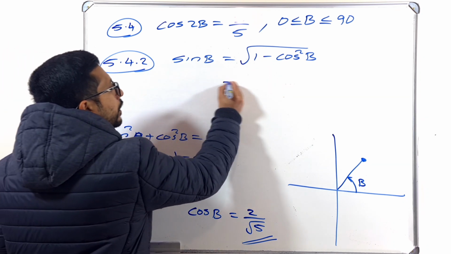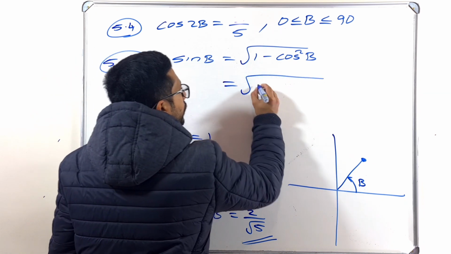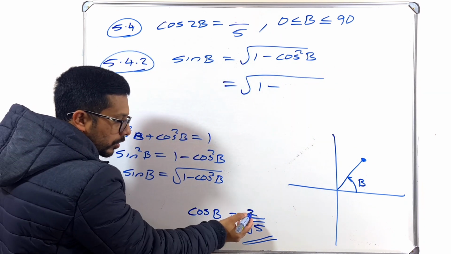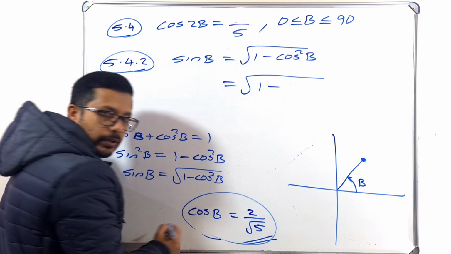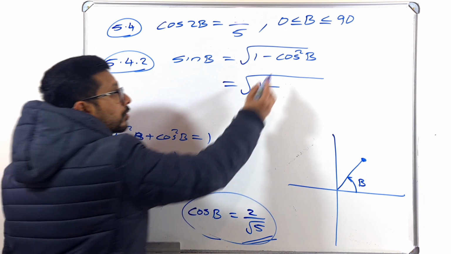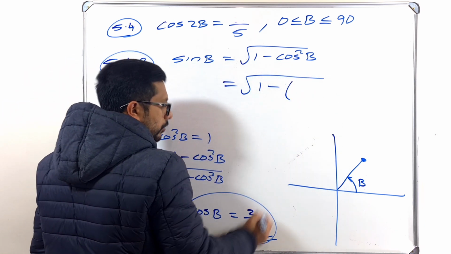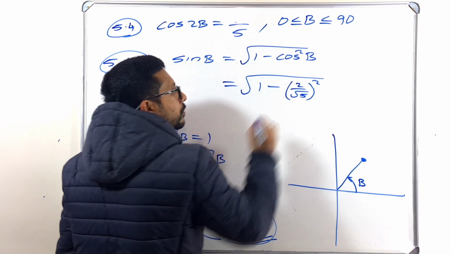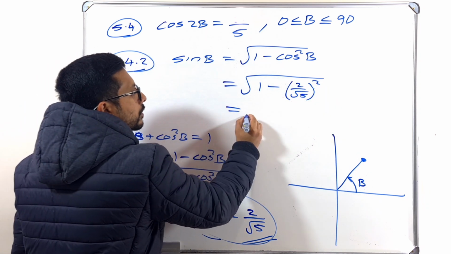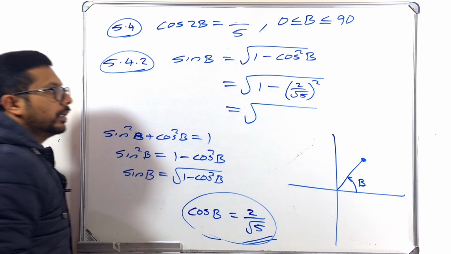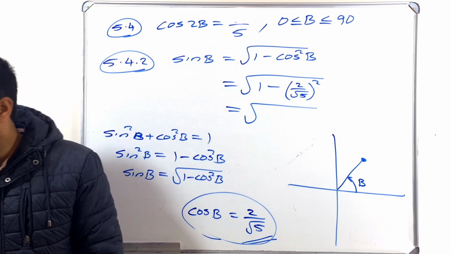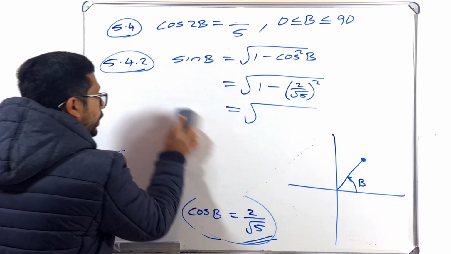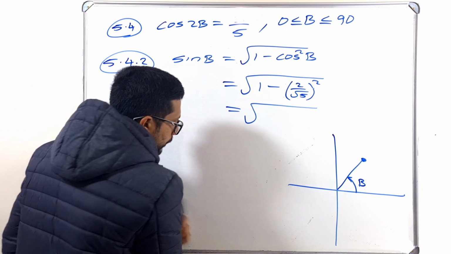Sine B is the same as root of 1 minus cos squared B. So this is equal to root of 1 minus, what is cos B? Cos B is 2 over root 5, previous question. So cos square B is 2 over root 5 the whole square. You can write one more step, then use your calculator, doesn't matter.